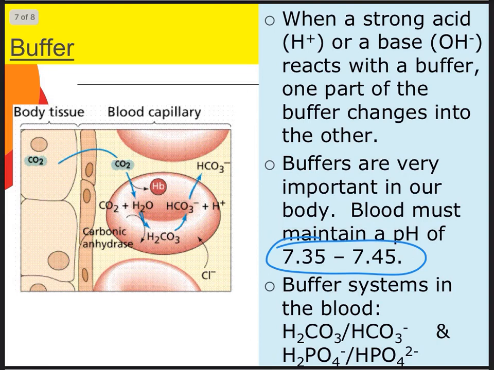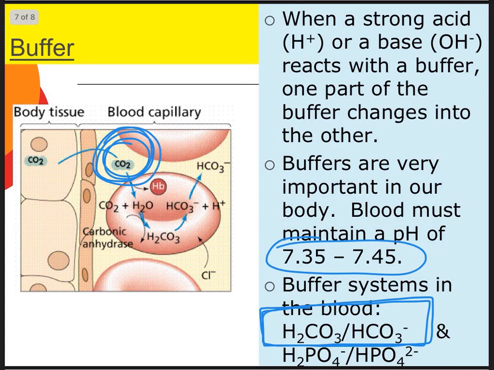The buffer systems in the blood, this is the big one, and this is for when we have an increase or decrease in carbon dioxide. So if we're getting enough air, the capillaries in our bodies that carry blood are introduced to CO2. And CO2 reacts with water just like I showed you in the dry ice demo, and it forms carbonic acid, which eventually will cause carbonate ions to form.